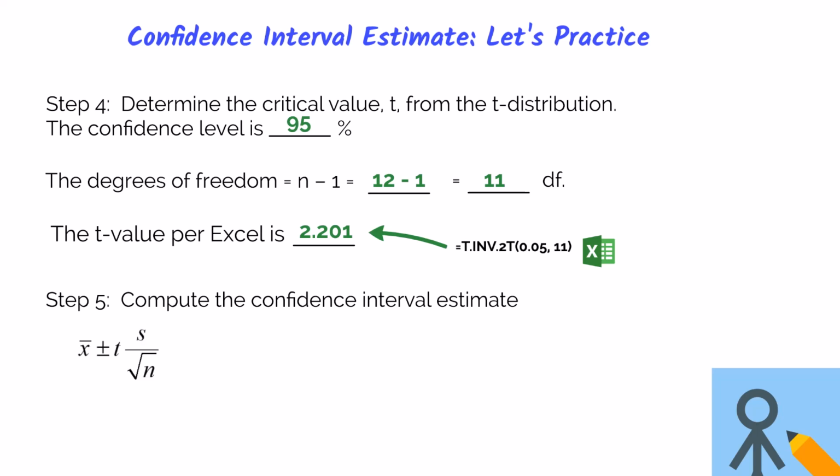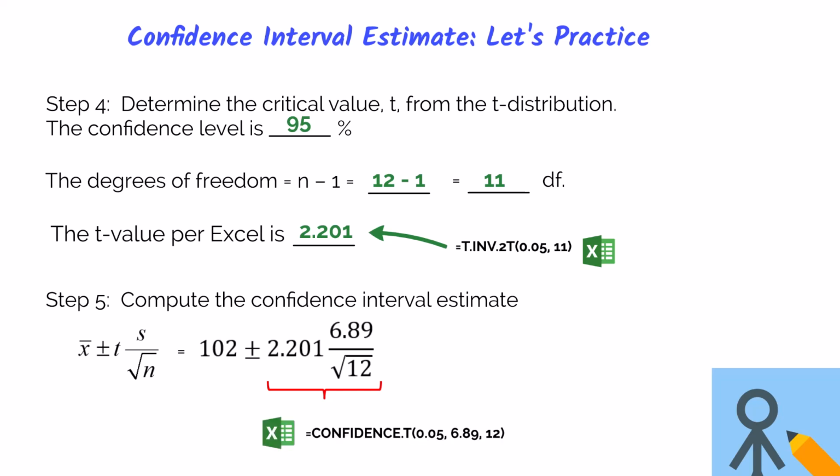So here is the formula and we'll need to plug in our values. We would take the sample mean of 102 plus and minus the t-value of 2.201 times 6.89 for the sample standard deviation we calculated on the prior slide, then divided by the square root of the sample size of 12. So this is our margin of error. Again, we can either do the math or use Excel to calculate the margin of error.